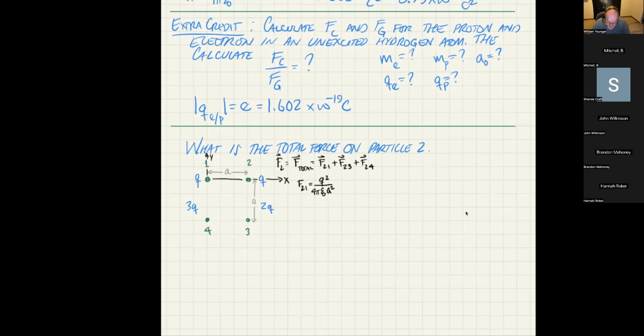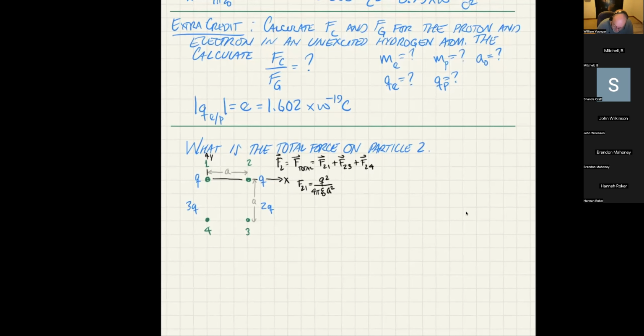Now I realize that both charges 1 and 2 have a charge of Q. So they have the same sign, and therefore they're going to be repulsive. I'm treating Q like it's positive, but if it turns out to be negative, when I put the negative in, it'll take care of itself. If Q is negative, both will be negative, so they're still repulsive.